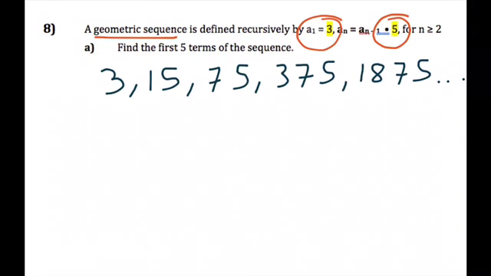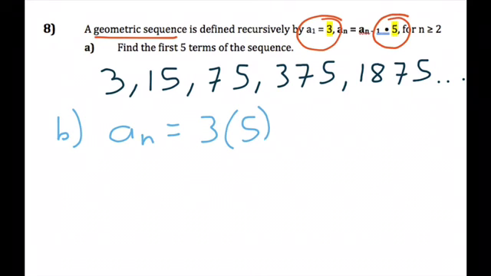Your sequence should have been 3, 15, 75, 375, and 1875. Your explicit formula is a sub n equals 3 times 5 to the power of (n subtract 1).